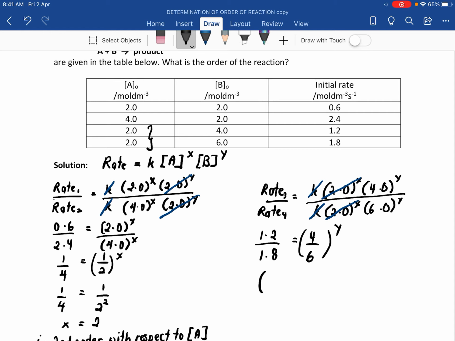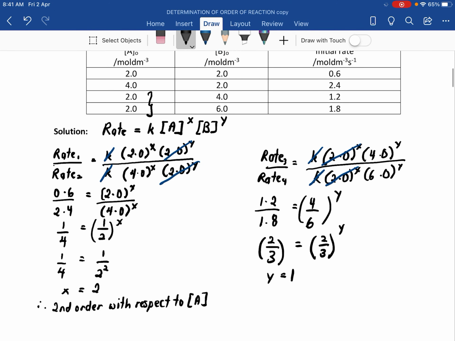When we divide, the left side gives 2 over 3 and the right side also gives 2 over 3. So y is equal to 1, because they are the same. So it is first order with respect to the concentration of B.